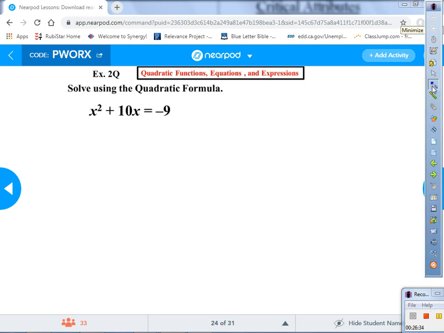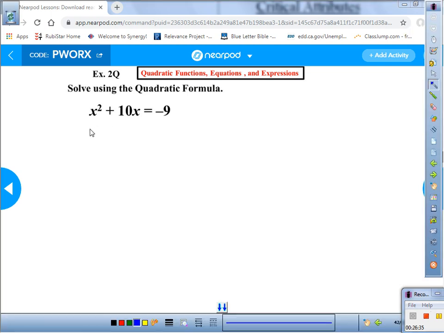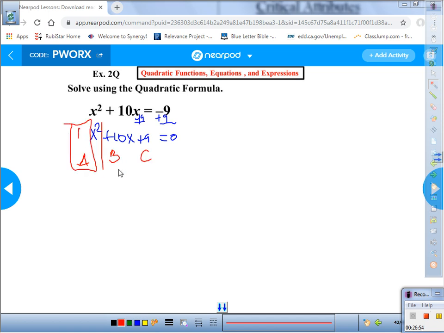All right, here goes the process one more time. Step 1, standard form. X squared, plus 9 plus 9. That leaves us with x squared plus 10x plus 9 equals 0. Step 2, identify A, B, and C. What is A? 1. What is B? 10. And what is C? 9. Step 3, quadratic formula.